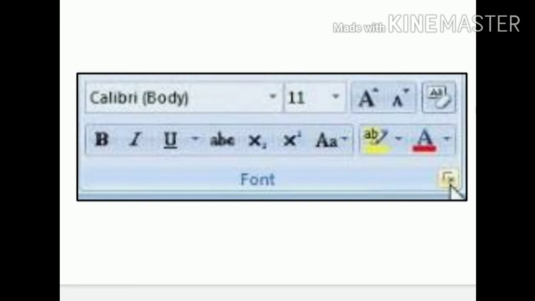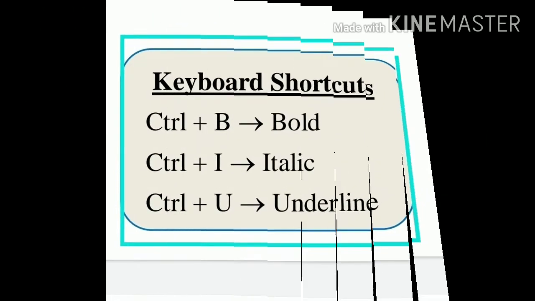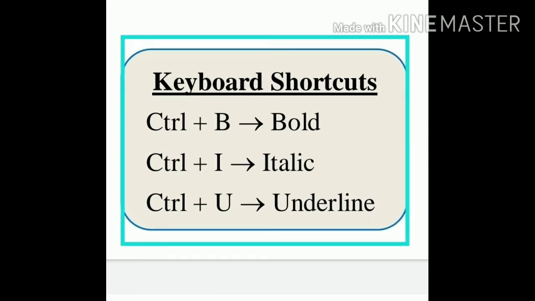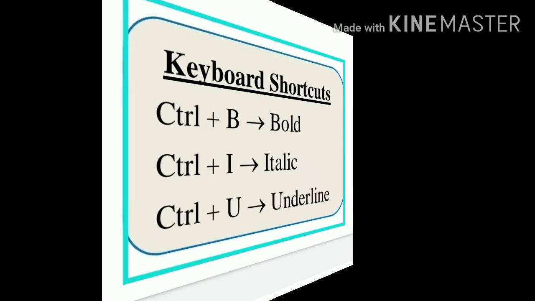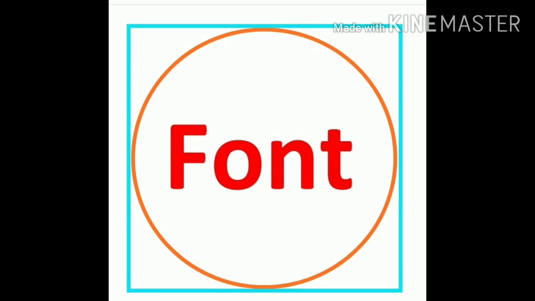Do you know what the shortcut keys are? Bold, italic, underline. Control plus B for bold, Control plus I for italic, Control plus U for underline. Then next one is font.